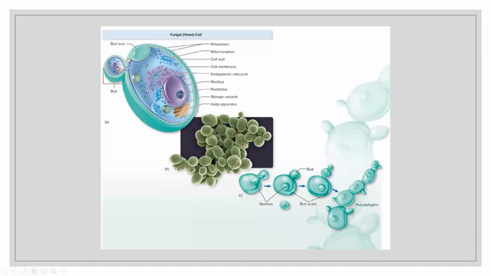So this is the parent cell kind of budding off to form a daughter cell. That again is going to have all the same organelles you see in the parent. You'll also see the pseudohyphae that we saw on the last slide, where they are their individual organisms, but they're still kind of vaguely connected here as they bud off.